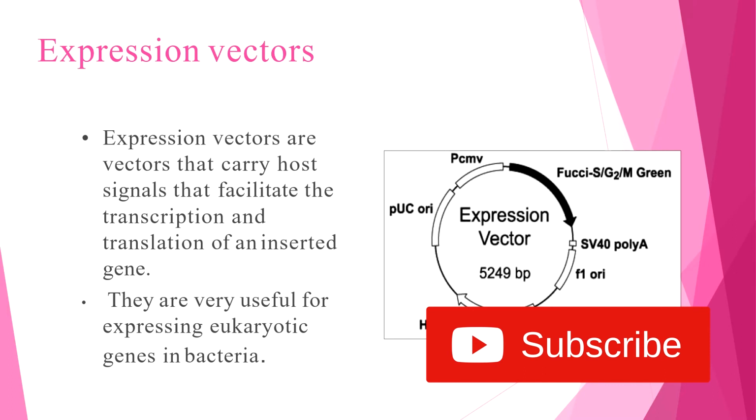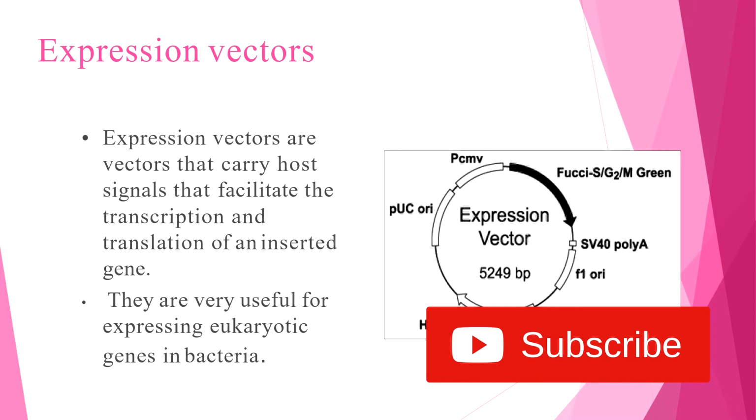Whether it is a cosmid, a plasmid or a phage, in all these cases they cannot express the inserted gene, whereas expression vectors are capable of expressing the inserted gene.